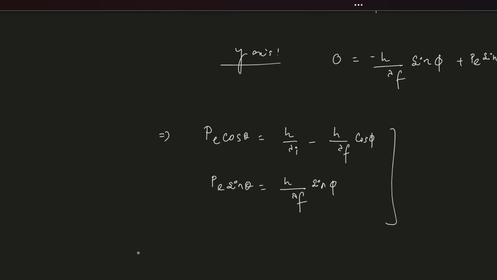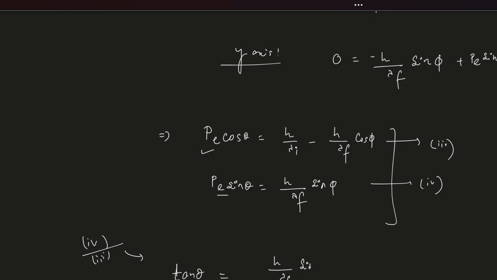Now you divide both of them, basically this divided by this. The p and p cancel out and you get tan theta. If this is your 3 and this is your 4, then 4 by 3 gives you tan theta equal to h by lambda f sin phi divided by h by lambda i minus h by lambda f cos phi.